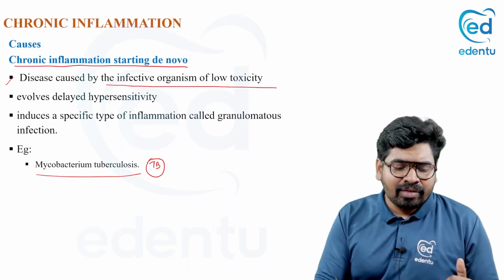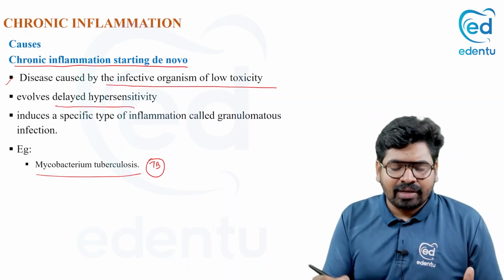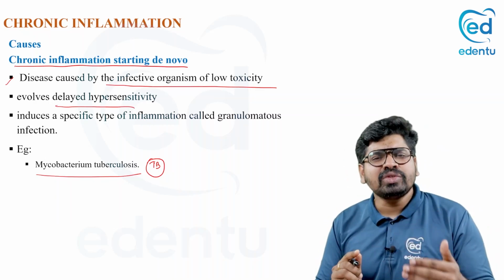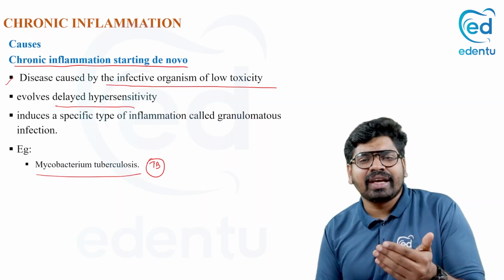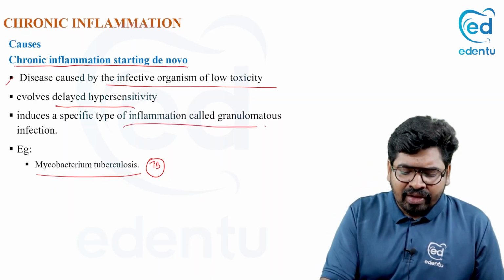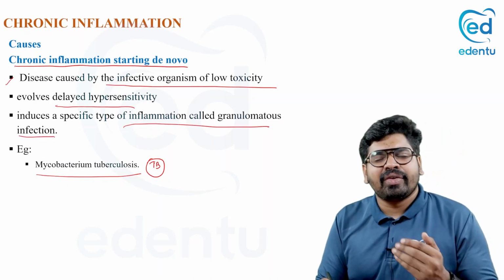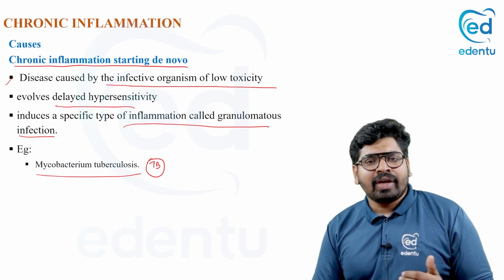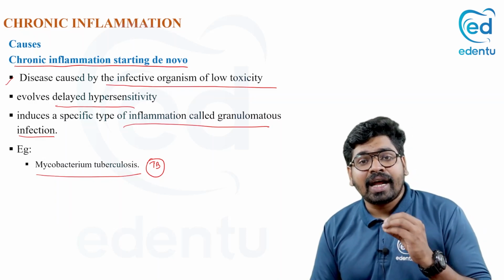That is due to delayed hypersensitivity, and such chronic inflammations are usually related to granuloma formation, your granulomatous infections. Granulomatous infections like TB and leprosy form granulomas.